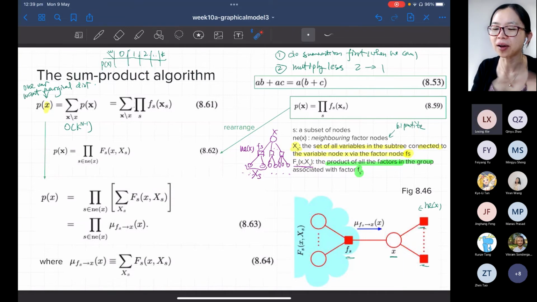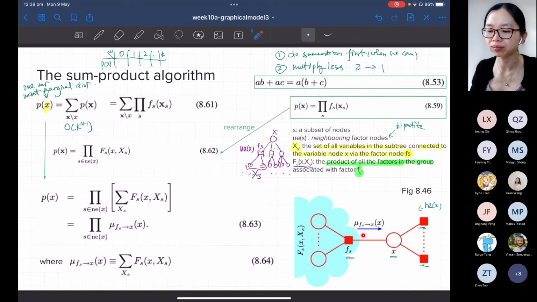What does this mean? It means for this figure 8.46, what we're looking at is essentially p of x, the entire joint centered on this new root node little x. It is simply a product of a term related to each of its factors, F of s, and then this is F of x2, F of s3, and so on.